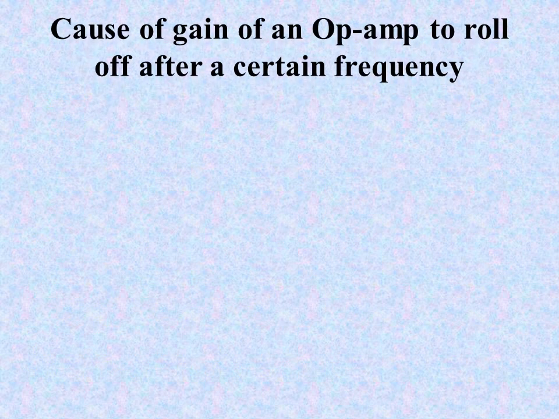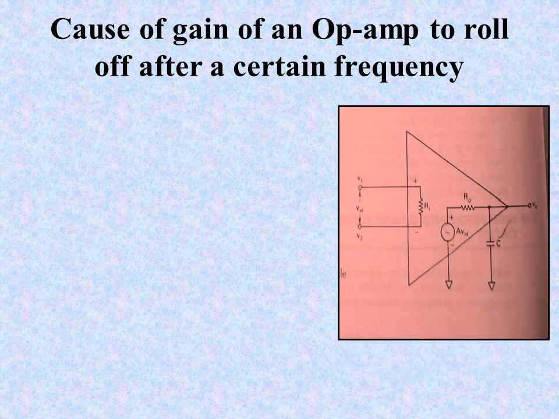Now we'll discuss why the gain of the op-amp rolls off after a certain frequency. That means after a certain frequency it starts to decrease at a constant rate. Why does this happen? For this we'll take an internally compensated op-amp and we'll draw its equivalent circuit.